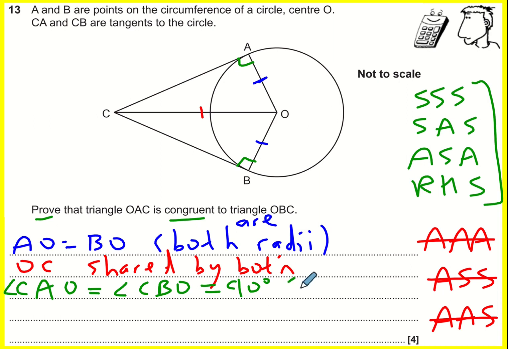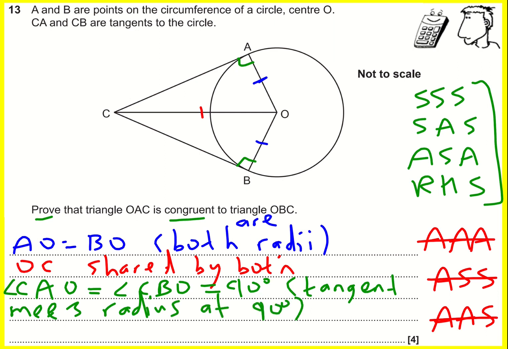This is a circle theorem because a tangent meets radius at 90 degrees. And that's enough really for me to use this fourth one by RHS because I've got the hypotenuse, I've got another side, and I've got a right angle. The triangles are congruent.